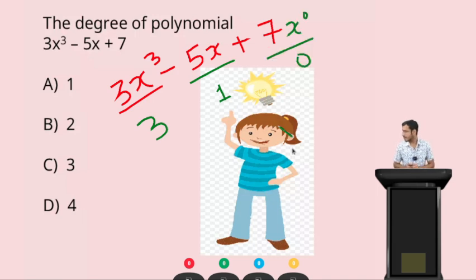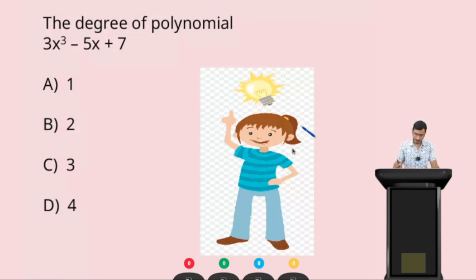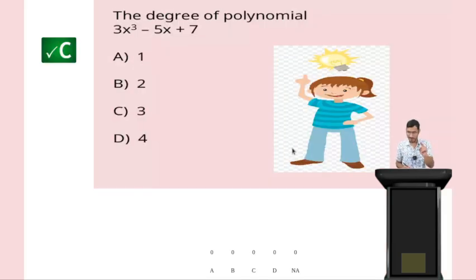Now tell me the highest power: 3, 1 or 0, so the highest power is 3 here, that means the answer is option C, 3. Remember always, degree of a polynomial is equal to the highest power of the variable in the polynomial. So the highest power is 3, that means the degree is 3 here.